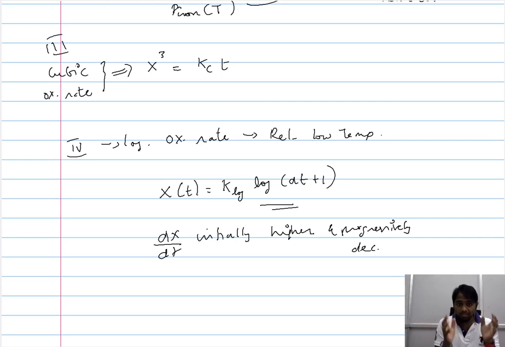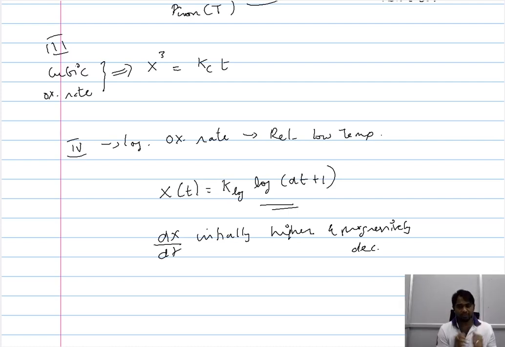Even though they depend on the thickness of the metal oxide, they do not vary with time. However, when you consider the logarithmic oxidation rate, it depends on time. In the initial stages the rate is higher, and as time proceeds the rate progressively decreases. This is one of the characteristic features of the logarithmic oxidation rate. So we have seen linear, parabolic, cubic, and finally logarithmic oxidation rate. In all these, only one oxidation rate varies with the temperature, and that is the logarithmic oxidation rate.